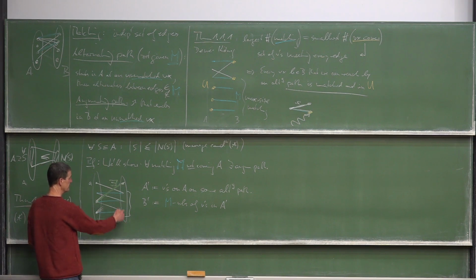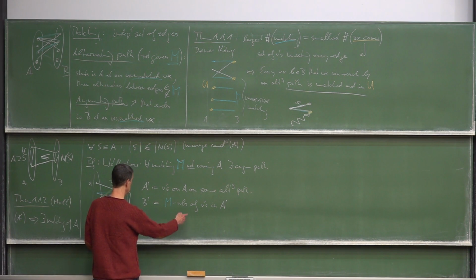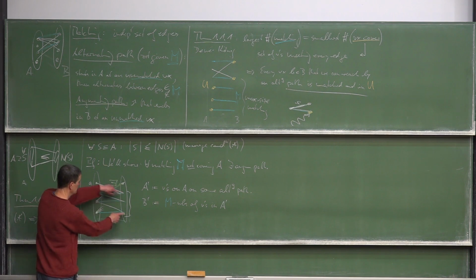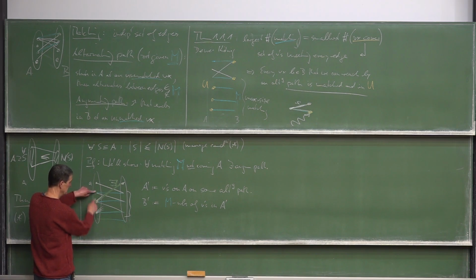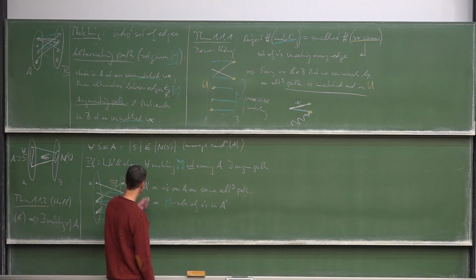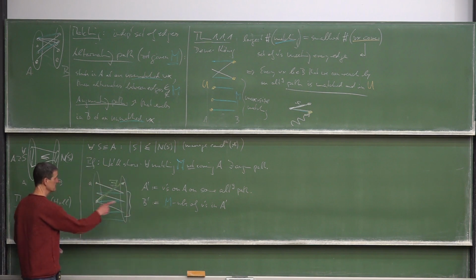Now, for every M neighbor of a vertex in A prime, these vertices in A prime to which you can get by this M edge, they're all distinct. Right, so A prime is strictly bigger than B prime because there's also some little a.